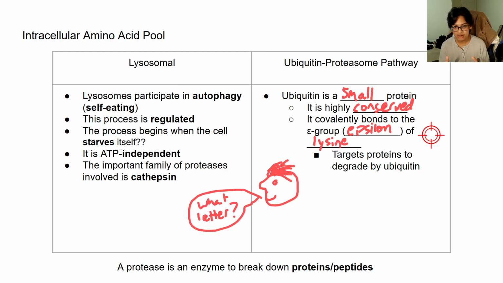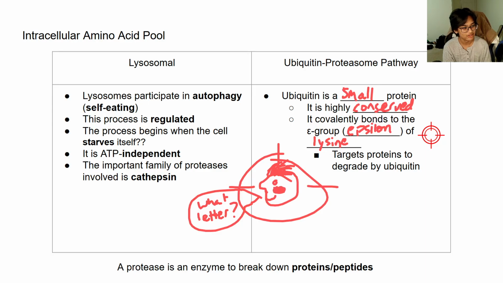The ubiquitin part of the pathway is basically to start it. It's getting the protein ready, and then the proteasome pathway is when the action actually begins. So it puts the target. How do you draw a target? Yeah, that's a target.